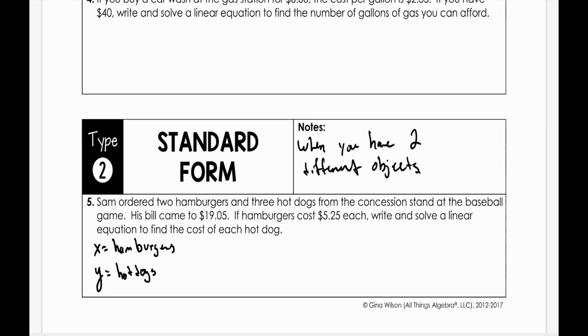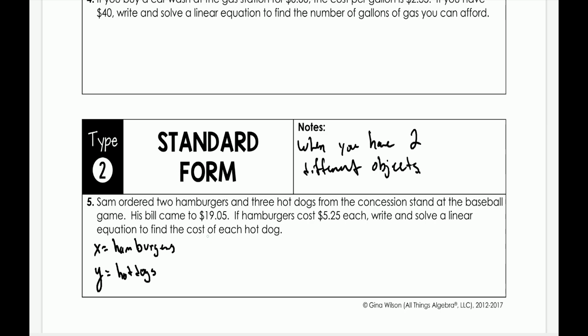And now we're going to set up an equation. So the way we can do this is we're going to use the price for the number of hamburgers that he bought and the number of hot dogs that he bought, and try to determine an equation that we would be able to use.